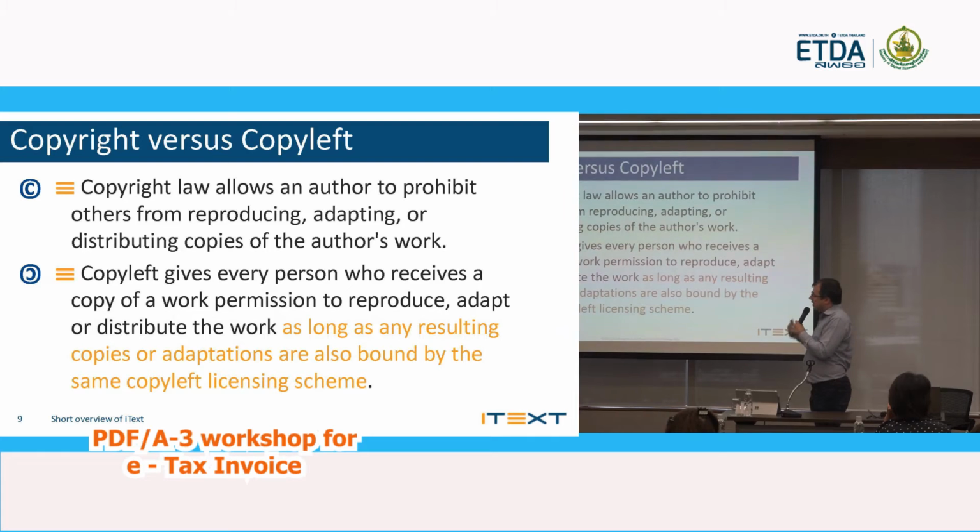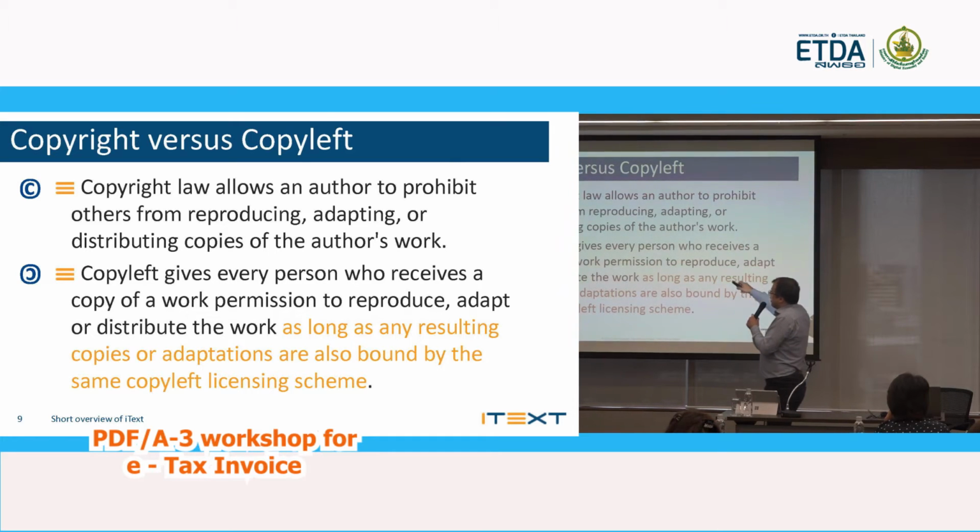And so by default, when you write code, that code is copyrighted. And copyright says that an author, the developer in this case, automatically can prohibit others from reproducing, adapting, or distributing copies. So even if the source code is shared, if there's no license attached, it's proprietary software. It's property of the author. And other people are prohibited to use it unless the author gives permission.